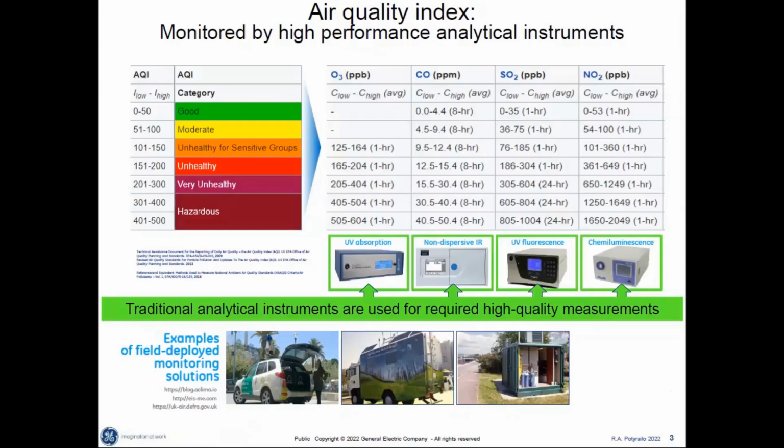Now, the reason that I'm showing you these big machines, which are not sensors by definition, is because they work and people use them a lot, and if needed, they put them on SUVs or in trucks or on the side of the road because they need this data.